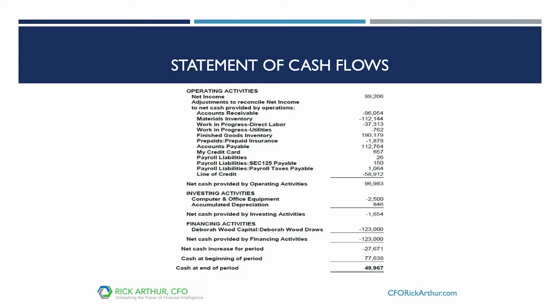So when we look then at the three components, the net cash flow for the period was actually a loss of $27,000. So even though they were generating it from operating activities, and they used a little bit in investing, the financing activities really decreased their cash flow.